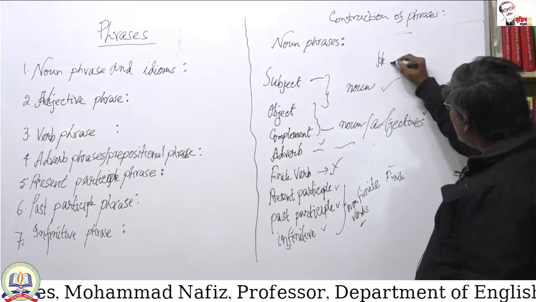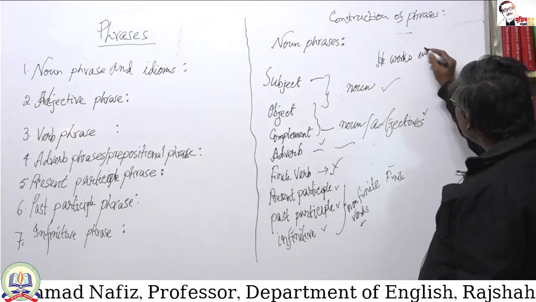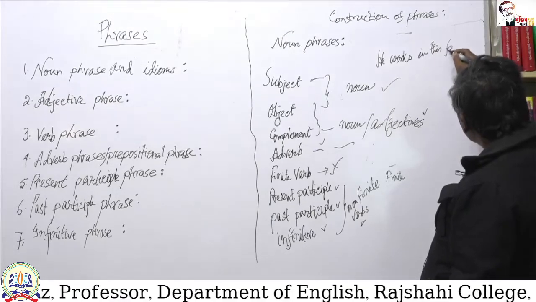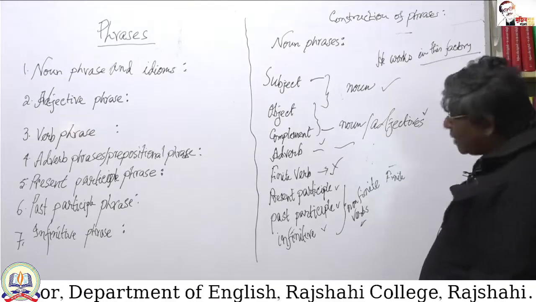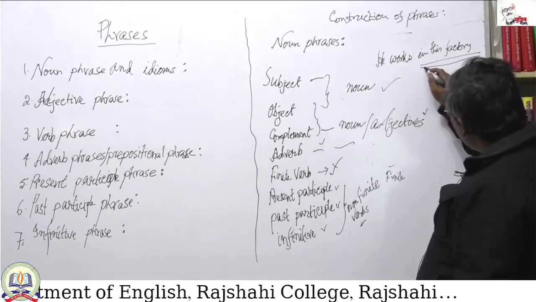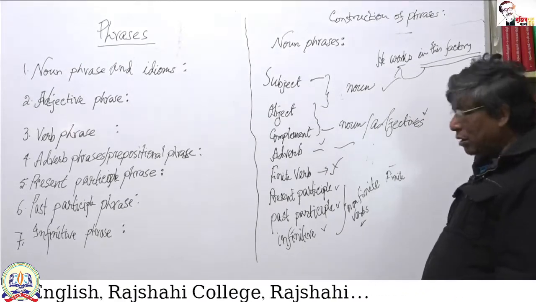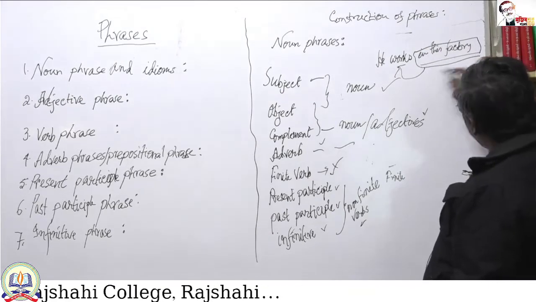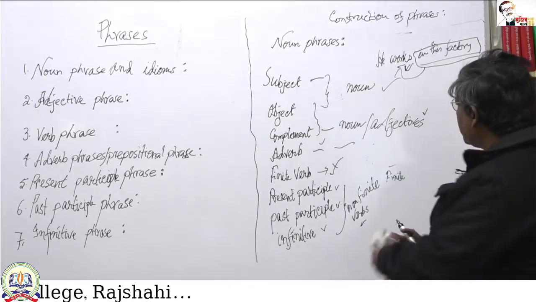He works in this factory. The phrase in this factory is an adverbial because this phrase gives the information where the subject he works. In this factory refers to the place of the verb. Thus, in this factory is an adverb.